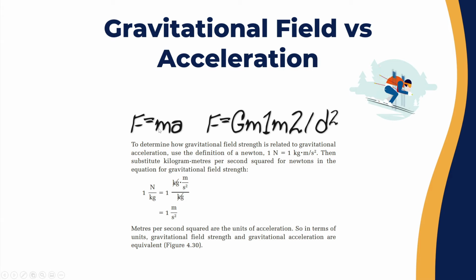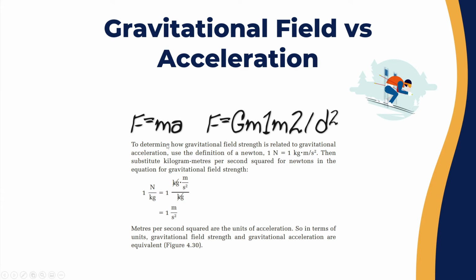Force, which is in Newton, equals the mass, kilogram, by acceleration, which is meter per second squared. Now, we substitute the kilogram meters per second squared for Newton in the equation of gravitational field strength. So we substitute the units of the first law of force in the units for the gravitational force equation.